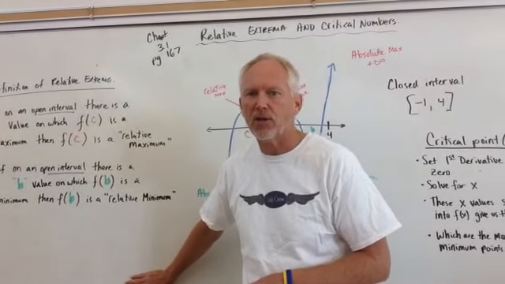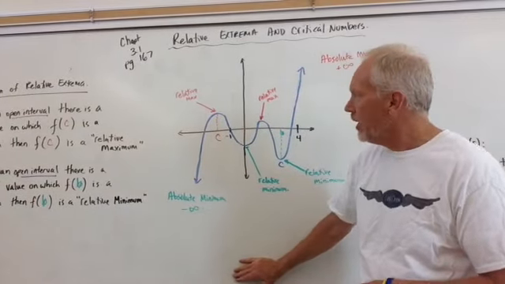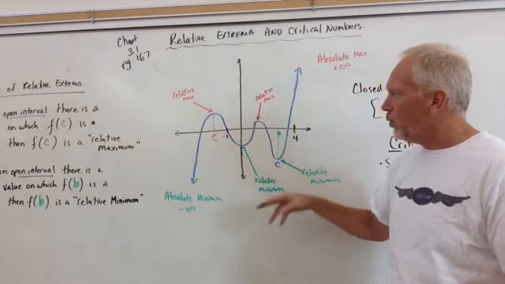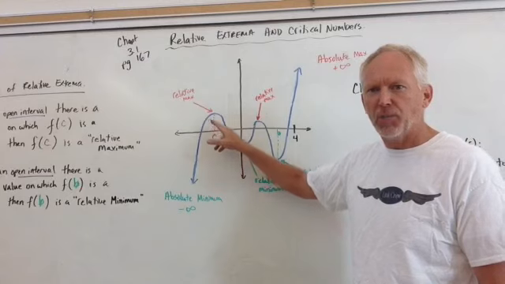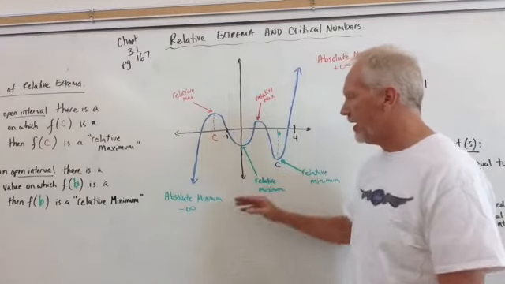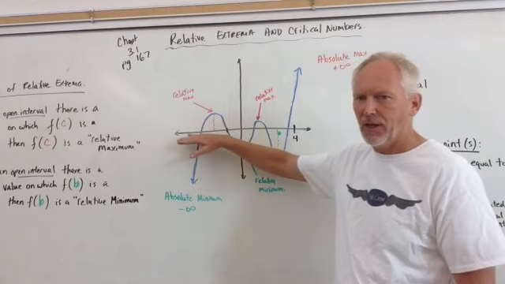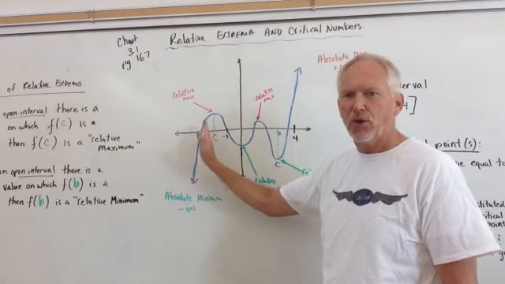All right, so let's look at a graphical representation of what this does. So here we have just some function in blue, and we notice that at some c value, it does produce a relative maximum. We notice that as the function comes from negative infinity to c, the function is increasing, right?